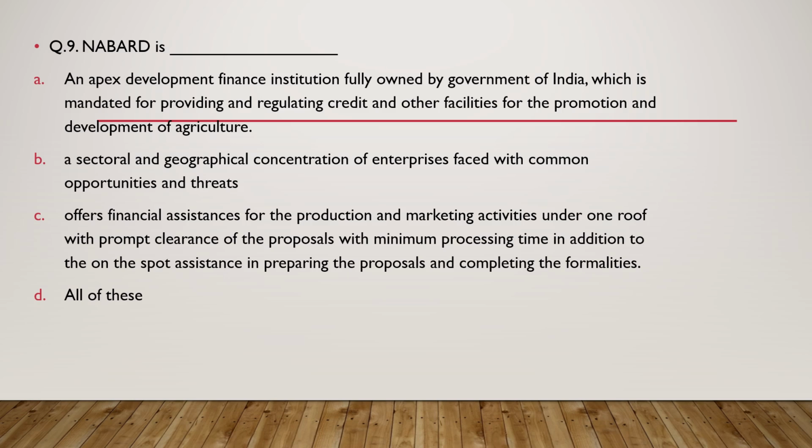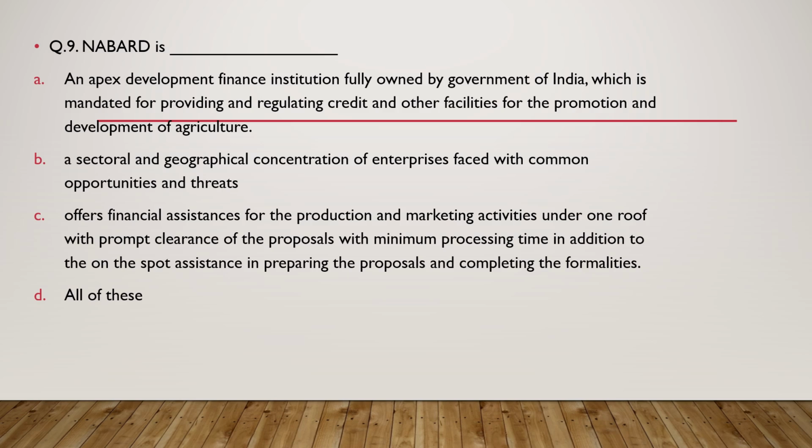Third offers financial assistance for production and marketing activities under one roof, with prompt clearance of the proposal with minimum processing time, in addition to on-the-spot assistance in preparing the proposals and completing the formalities. So it will take 2 to 3 minutes to read, so you should have a lot of concentration. And the last option is all of these.